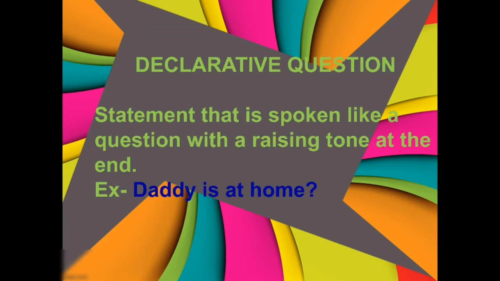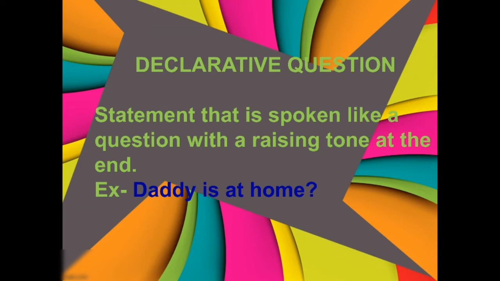Next type is declarative questions. Now what are declarative questions? Just see, statement that is spoken like a question with a raising tone at the end. अच्छा, कुछ questions क्या होते हैं, अभी हमने structure देखा question का. Some of the questions are not according to that structure. उस structure के according नहीं होते हैं. Like just see this question, daddy is at home and then question mark is there.